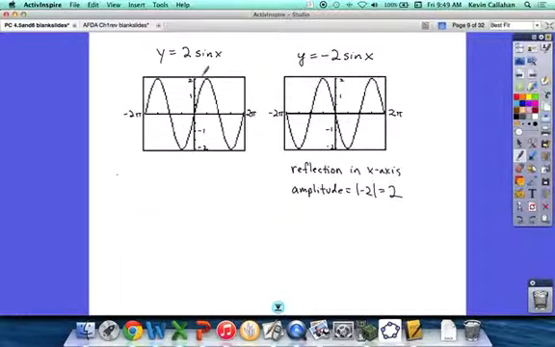So this piece of the graph is now here, and this piece is now here. So basically, if you're starting at 0, 0, if there's a minus in front, it's going down first instead of going up first. But the amplitude is still the same, right? How high it goes above and below the middle is still the absolute value of -2, which is 2. So amplitude's always positive.